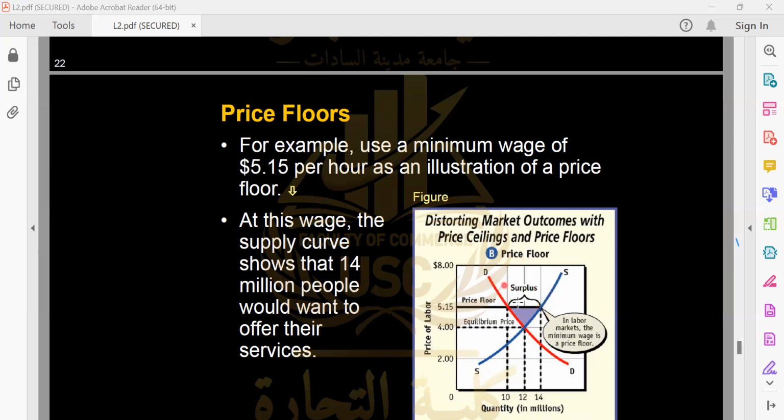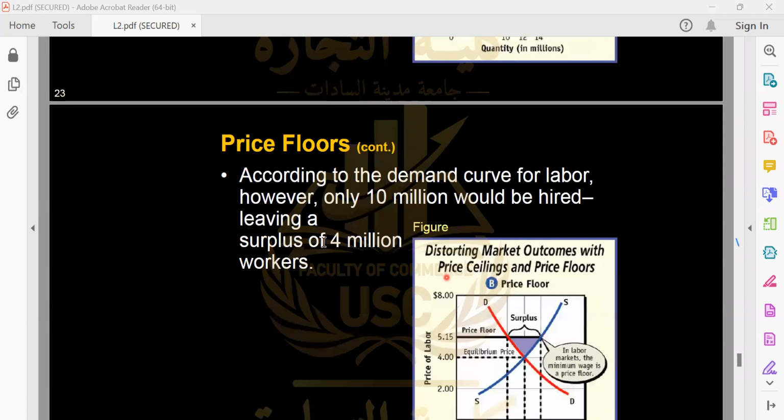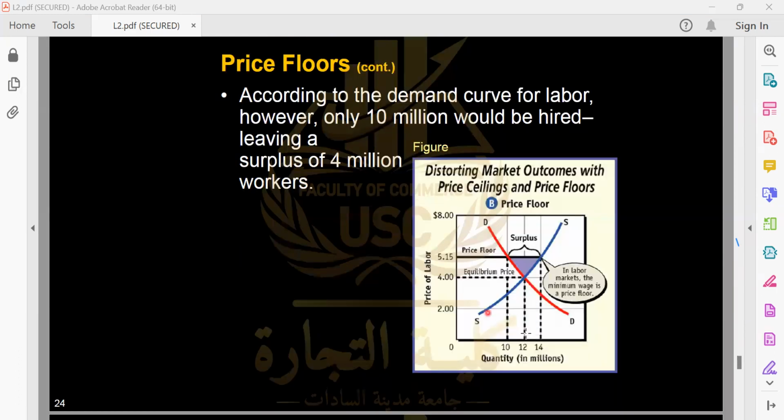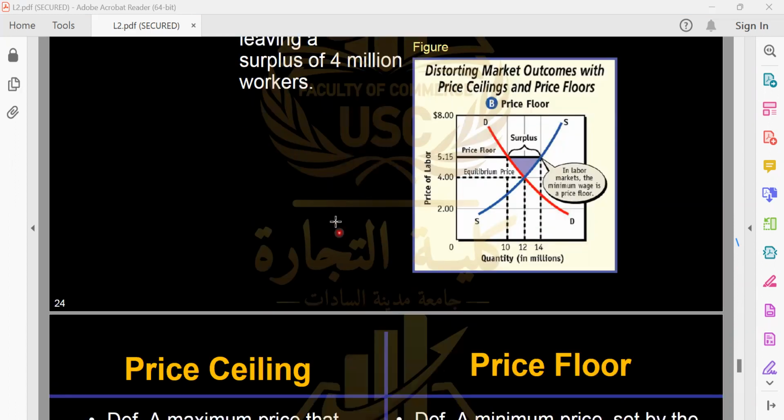A surplus in the labor market is called unemployment. So the price floor, according to the demand curve for labor, will leave a 4 million surplus, which will mean unemployment for 4 million workers.